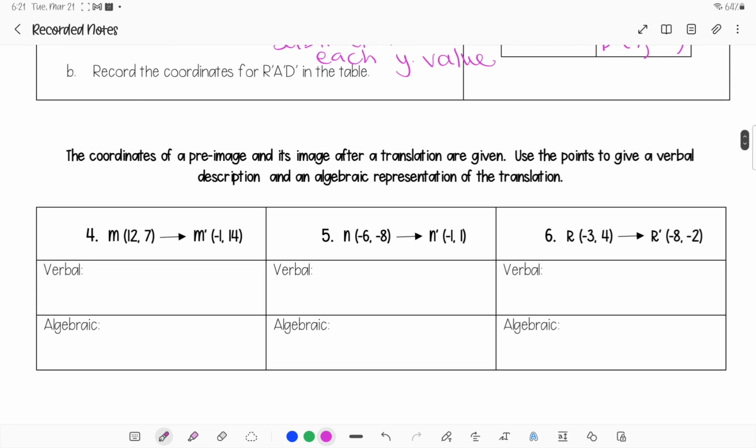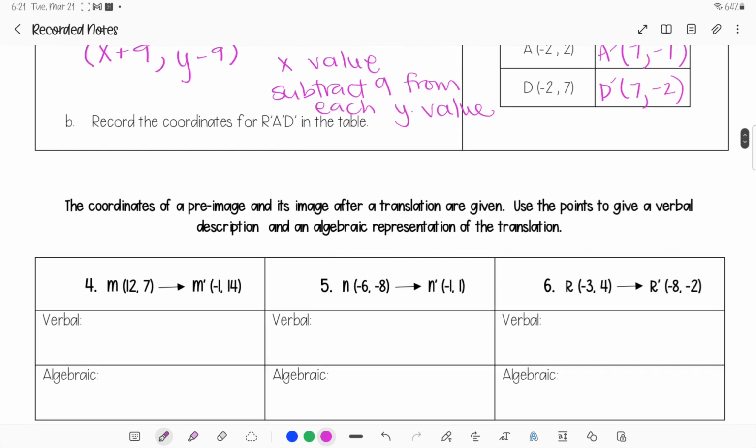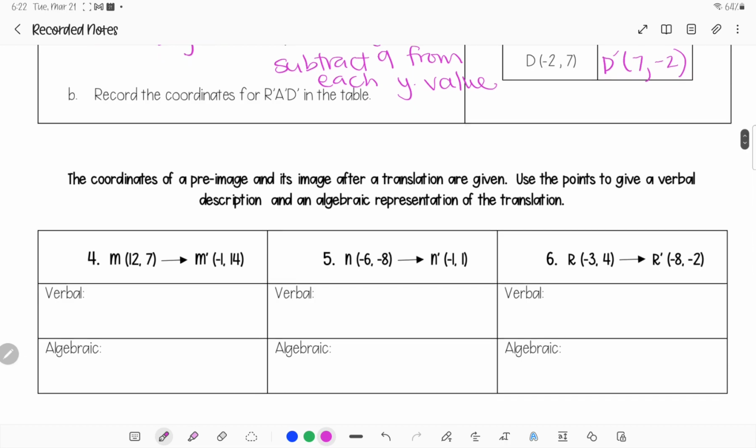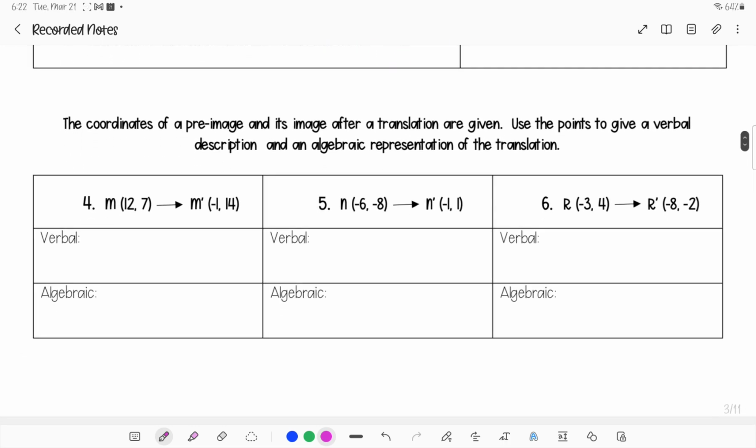All right, now we're going to look at, sometimes they're going to just give you coordinates. So like right here, it says the coordinates of a pre-image and image are given to you. Use the points to give not only the verbal, but the algebraic description or representation. So in other words, here's my original, here's my moved. I started at 12. What did I do to 12 to get to -1?